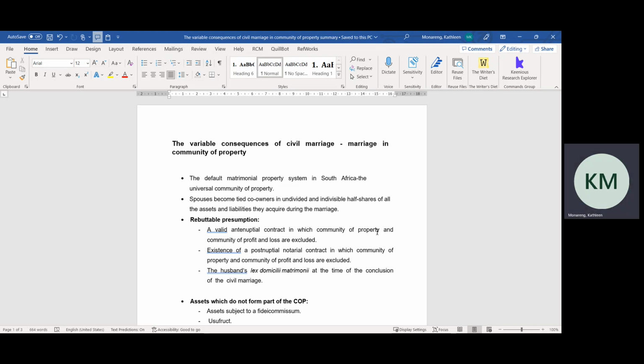There is a rebuttable presumption, and in order to prove that your marriage is not in community of property, you need to prove one of these three factors.